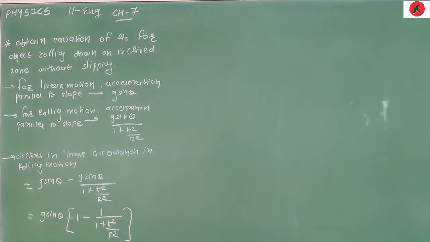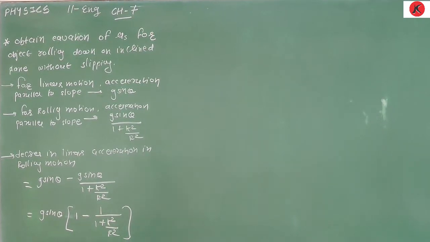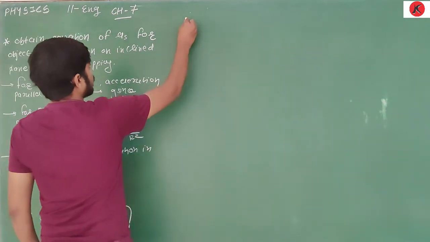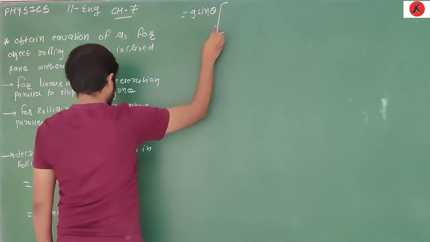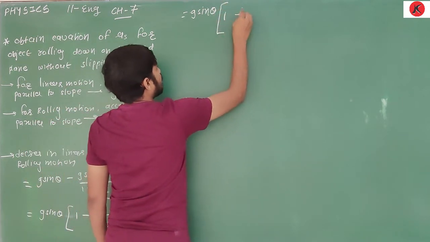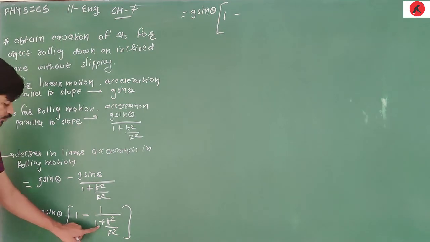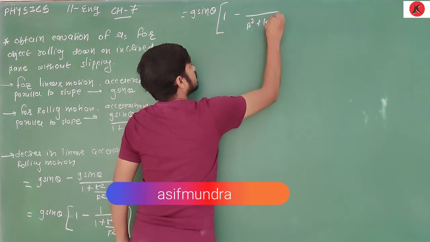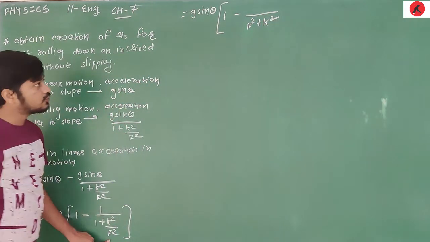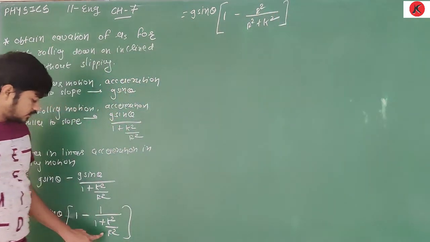See carefully, how to simplify this? In the denominator, r square into 1 means r square plus k square, and this r square we write in the numerator. Simple, so it is simplified.